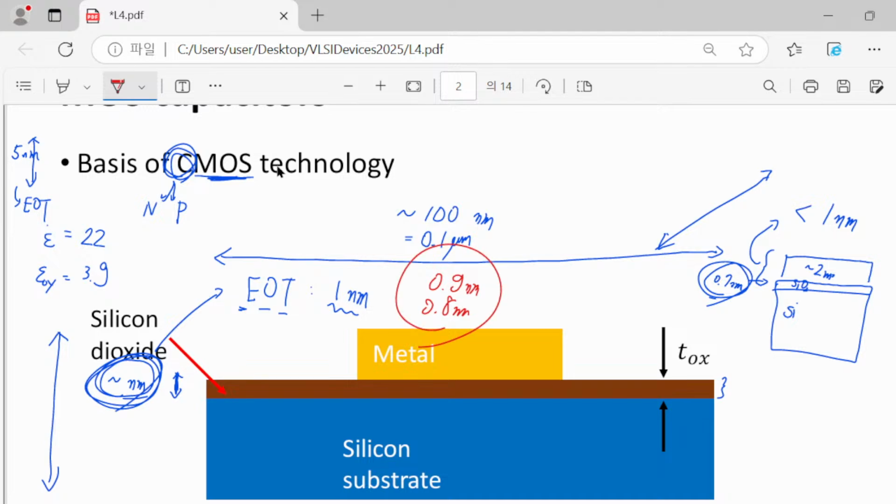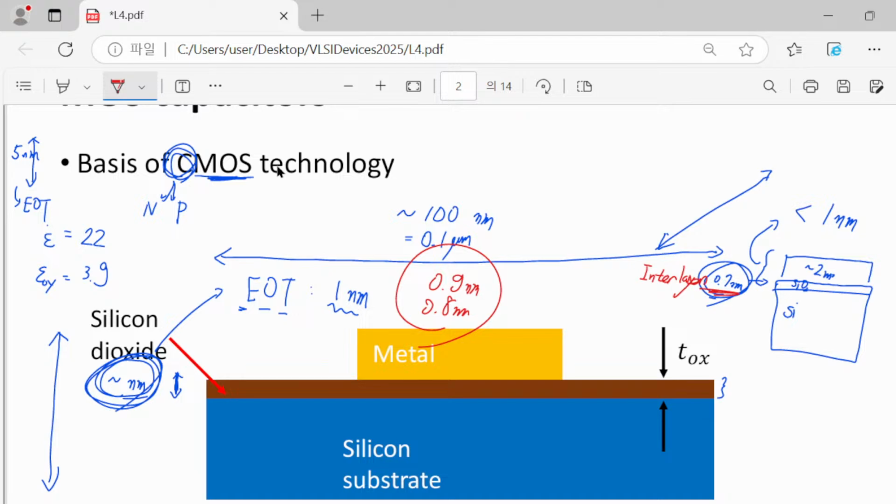These extremely small values are required for our next generation transistor. But already we are spending 0.7 nanometer for our, how can I say, offset. Basically we have 0.7 nanometer for the very first layer, our silicon dioxide. Usually this layer is the interlayer.